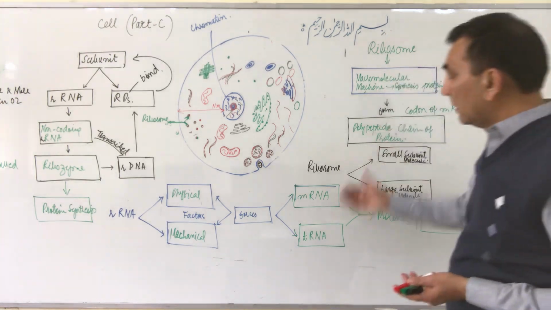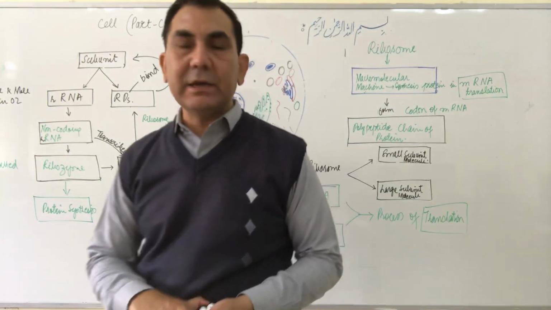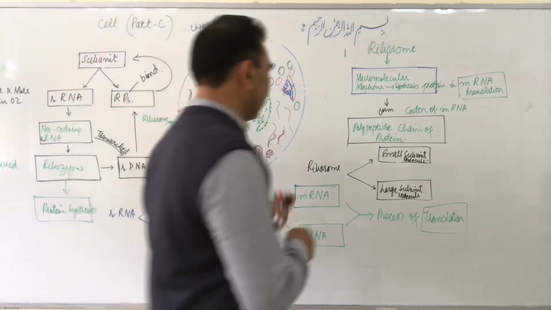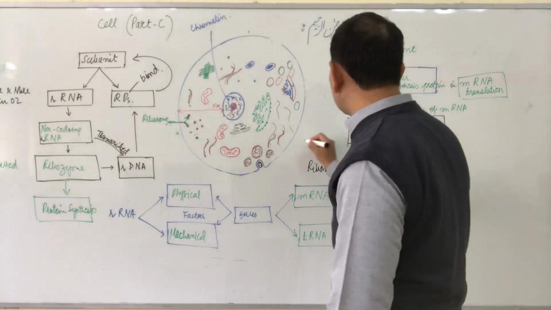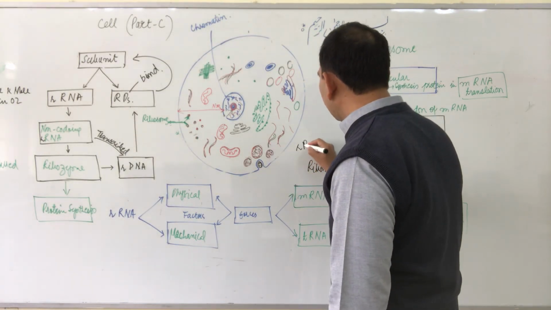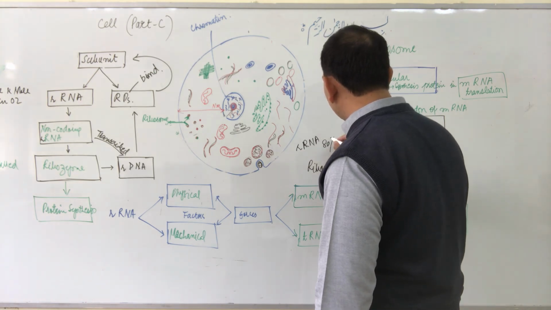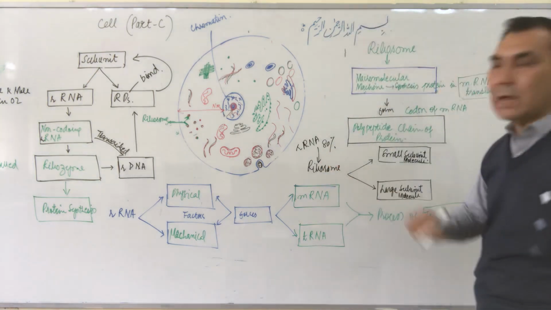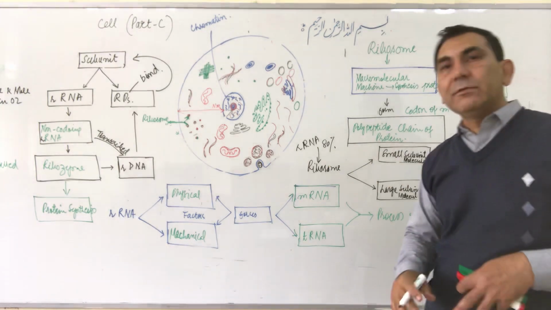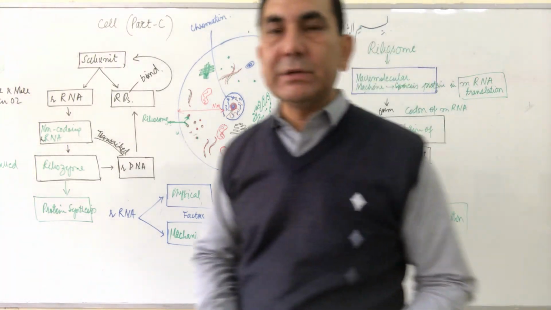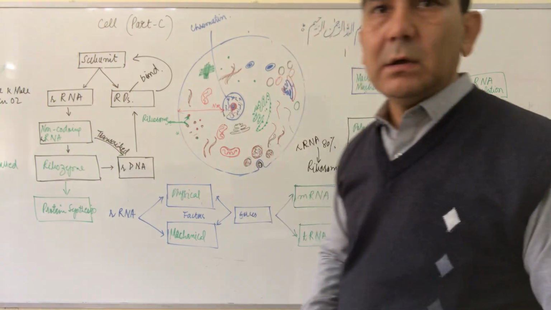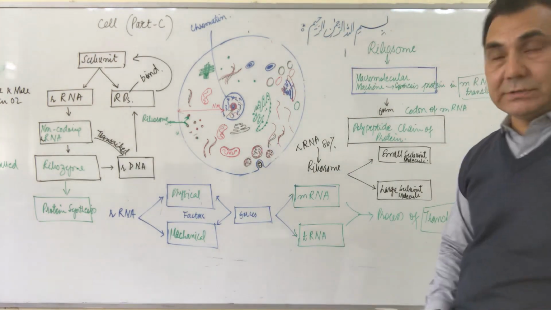This ribosomal RNA makes up the major composition of the ribosomes, but it does not itself get translated in the translation process.